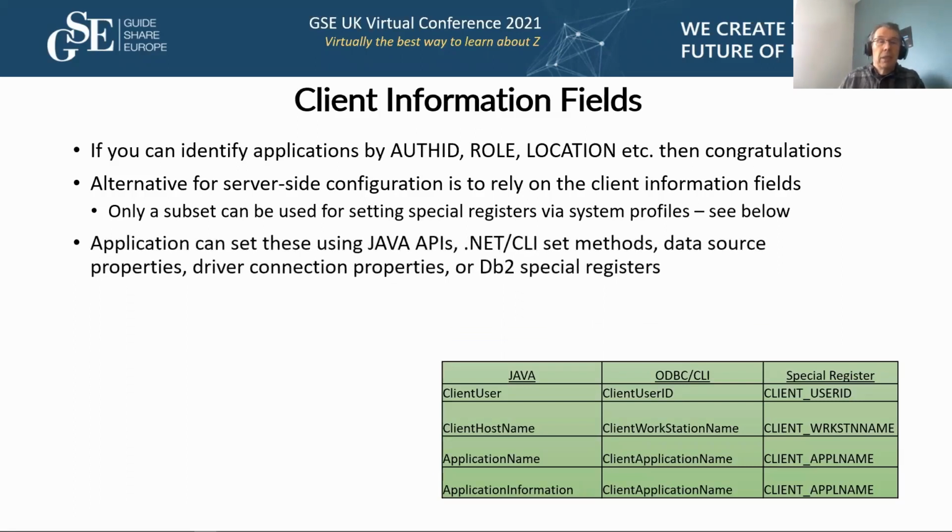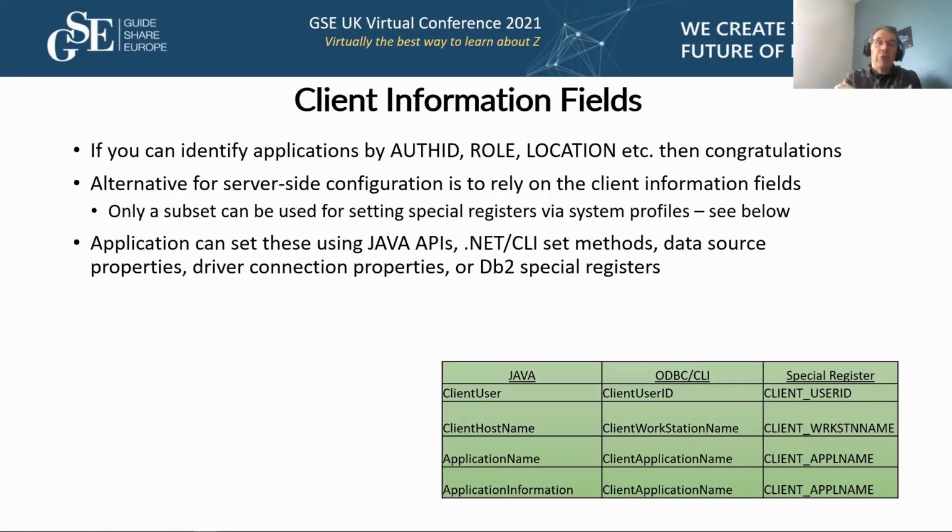So in terms of setting those fields, you can set those in the application via Java APIs, via .NET and CLI set methods and so on. You can set those via data source properties, driver connection properties, and of course through DB2 special registers.